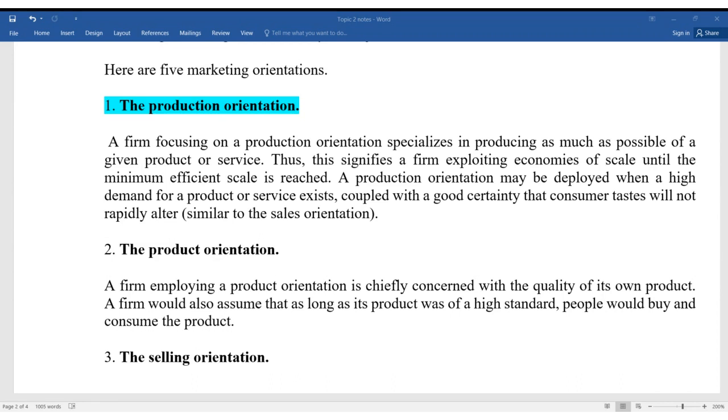Or when you are producing standard products, when goods are standardized, it's much easier to increase production. Or when there is high demand for goods. High demand calls for efficiency in production and distribution so that the goods may be available.